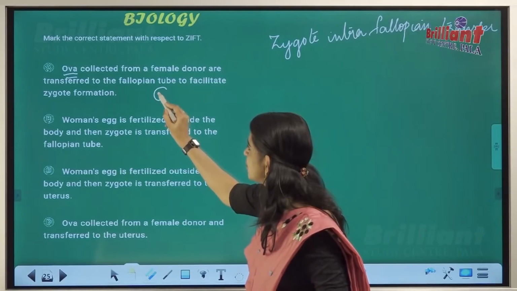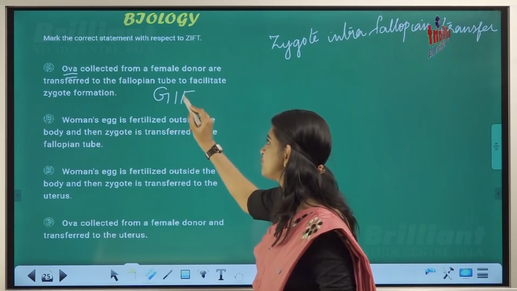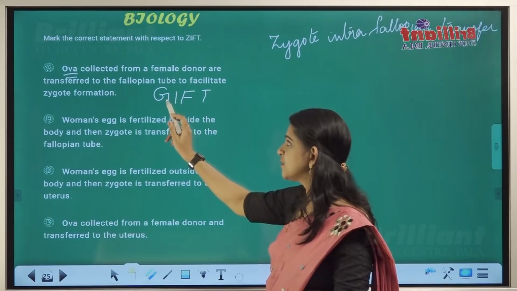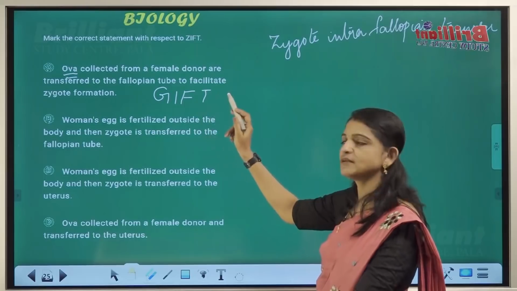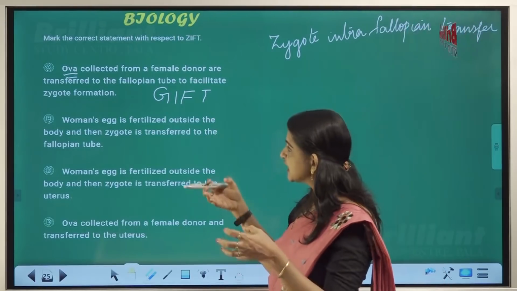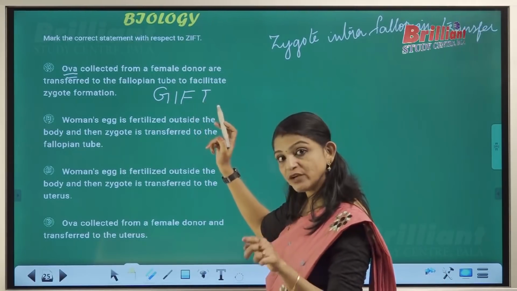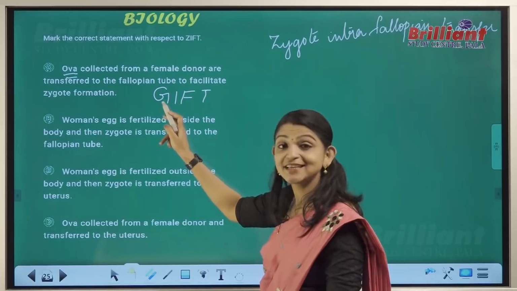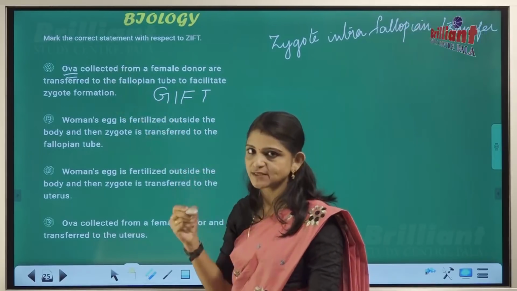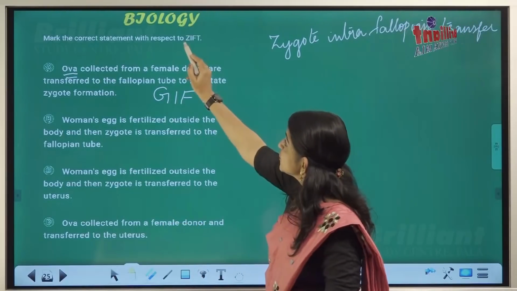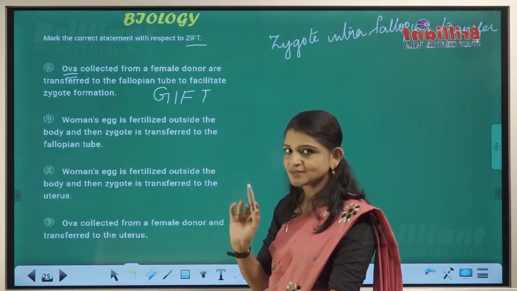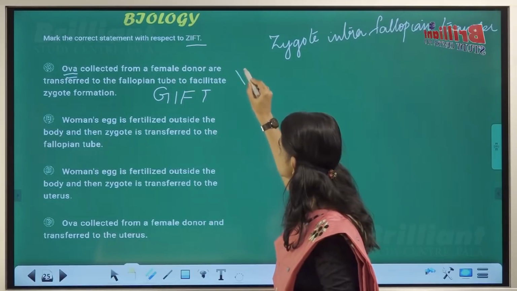So it is not SIFT, it is GIFT. GIFT in the sense gamete intra-fallopian transfer. We are transferring it into the fallopian tube. What we are transferring? We are transferring gamete. Ova we are transferring. Ova is the gamete, right? Then question they are asking zygote. It's not gamete, so we cannot choose this.